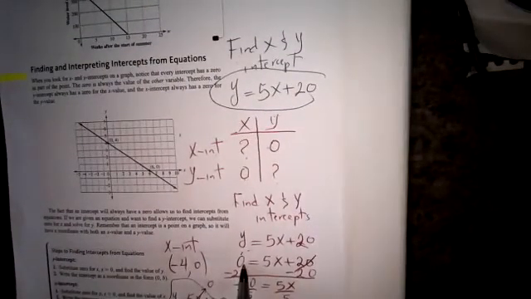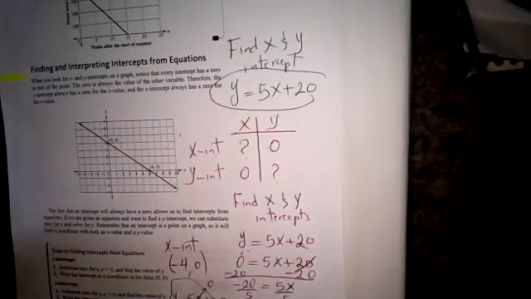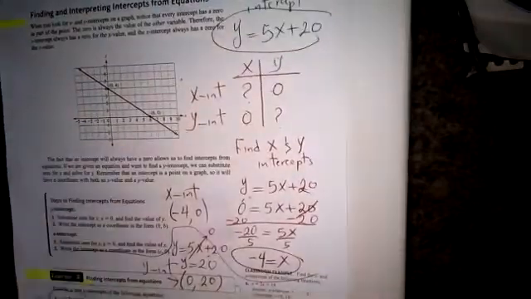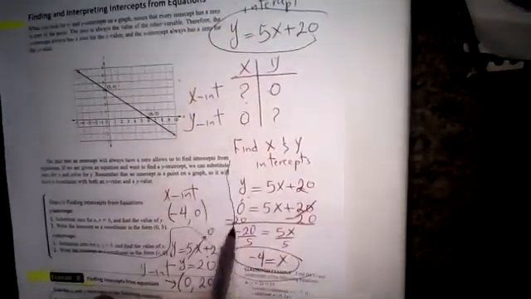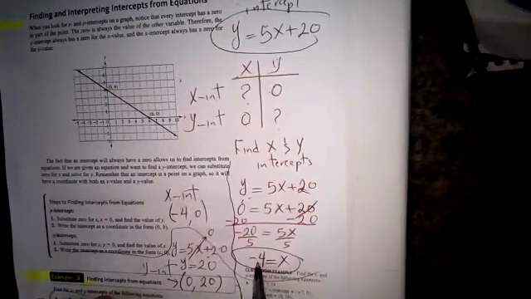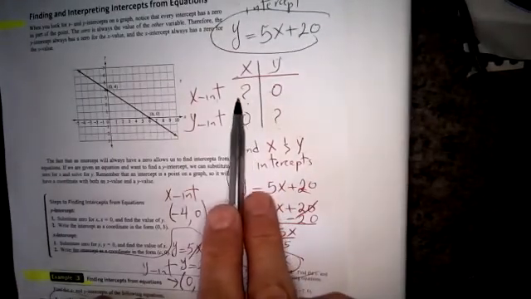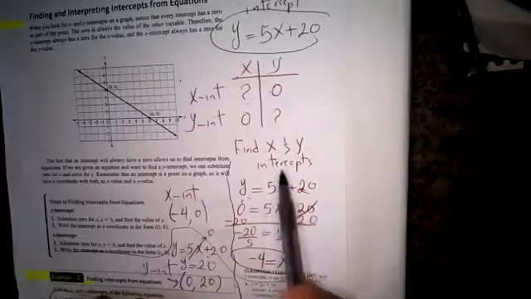You put 0 for y, and then you need to solve these equations. When you do that, that gives you the -4. So this -4 is your x-intercept. The x-intercept is -4, 0. See?